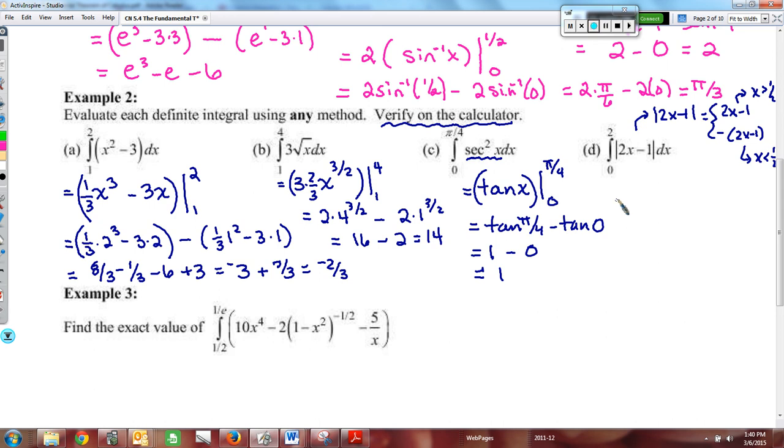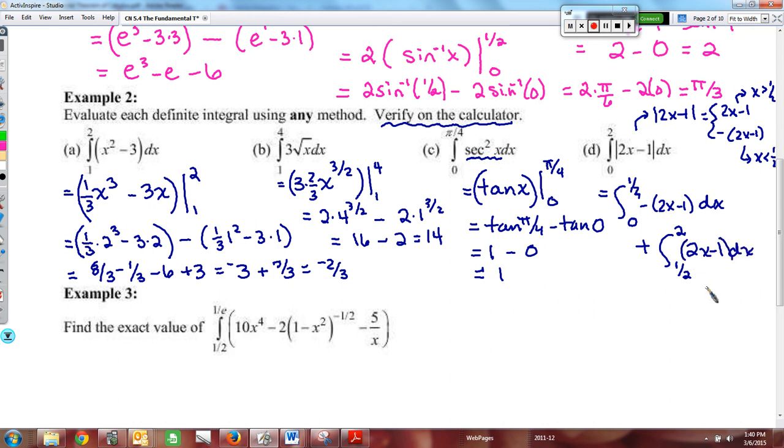So I'm going to split this kind of like a piecewise. I'm going to go from 0 to 1/2, and that one is going to use the left piece of the absolute value, so negative 2x minus 1 dx. And then I'm going to add that going from 1/2 all the way to 2 on the other piece of the piecewise function, which would be 2x minus 1 dx.